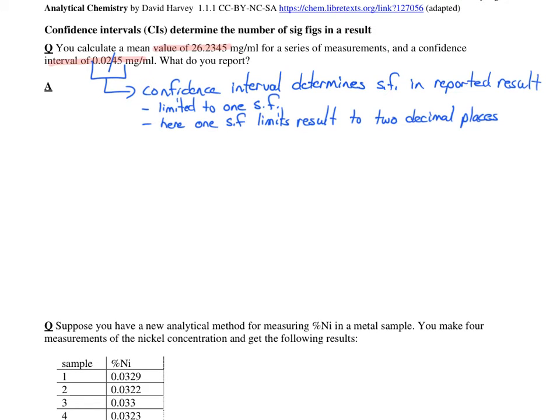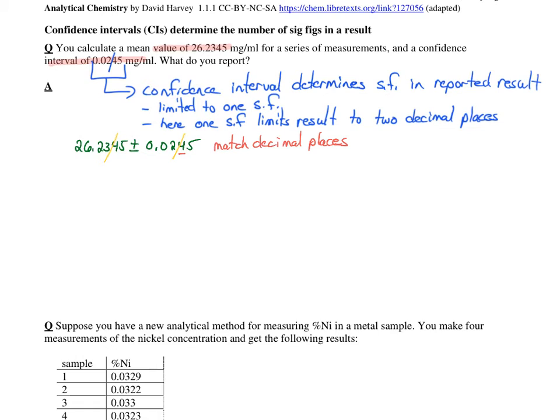So this is where we start. Our mean value is 26.2345 plus or minus our confidence interval 0.0245. Now, as we mentioned, we can only use 1 sig fig in our confidence interval, which here means we can use 2 decimal places. We need to match the decimal places in the confidence interval versus our mean.